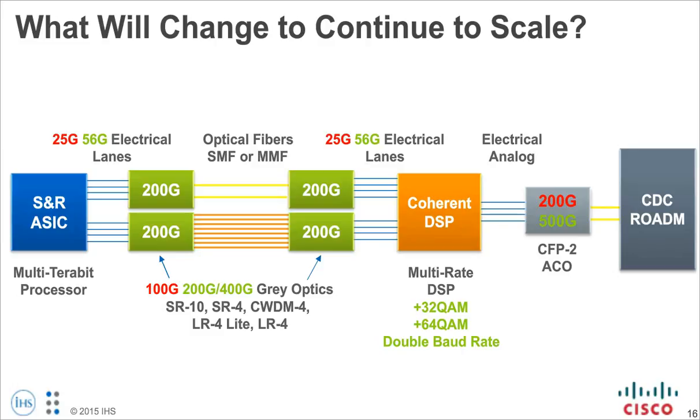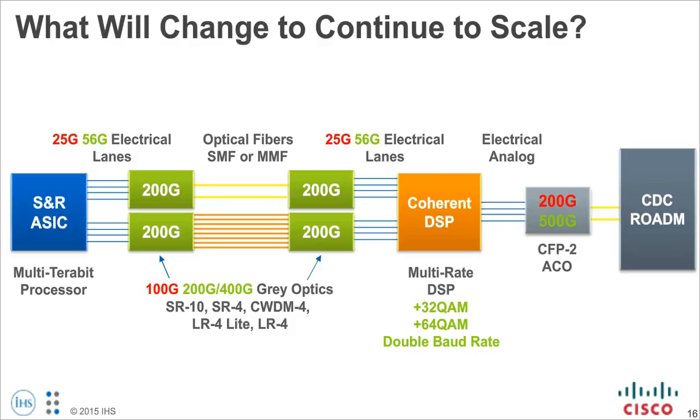Like for instance, from an innovation pace perspective, they're keeping pace with what we've seen over the past few years. But we'll see 25 gig lanes go to 56 gig lanes with the introduction of PAM4 at the electrical level. We'll also see that same technology enable higher speed optics at the optical level to allow for the pluggables to go from a QSFP 100 gig today to a QSFP 56, which will support 200 gig.